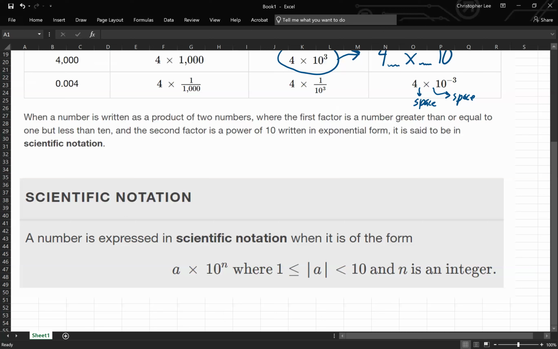Like it could be negative 1.53. That's fine. But it can't be negative 10. Actually, since you mentioned that, that's what these double bars right here mean, with the absolute value, that it could be positive or negative, right?